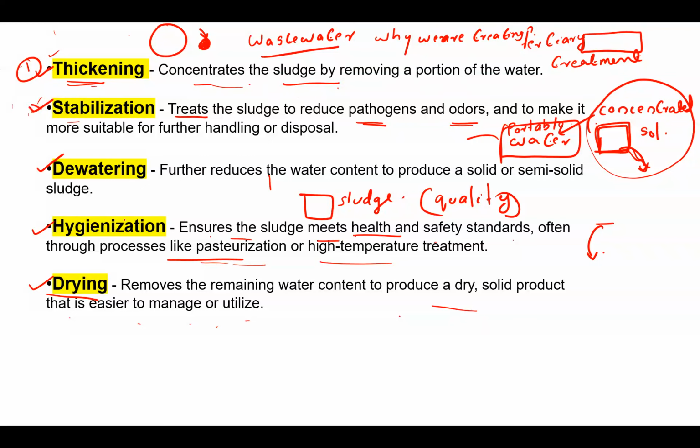So what is pasteurization? Pasteurization means we are heating our sludge to a temperature of about 70 degrees Celsius, approximately, for 1 hour, and that will treat the remaining sludge.